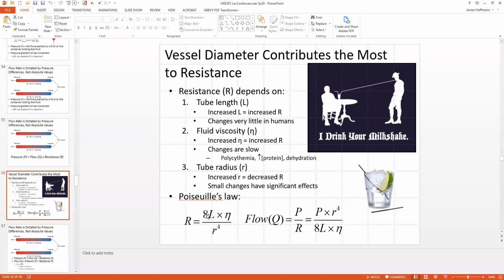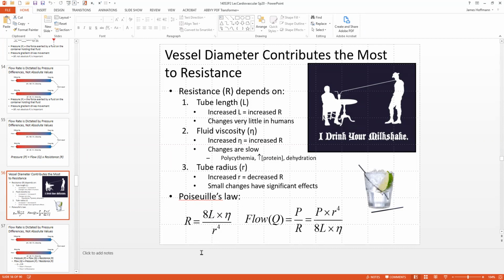Viscosity of the blood is determined by a couple things, but those things are controlled by completely different mechanisms. So viscosity is controlled by things like, what's the protein that controls viscosity in your blood? Very nice.